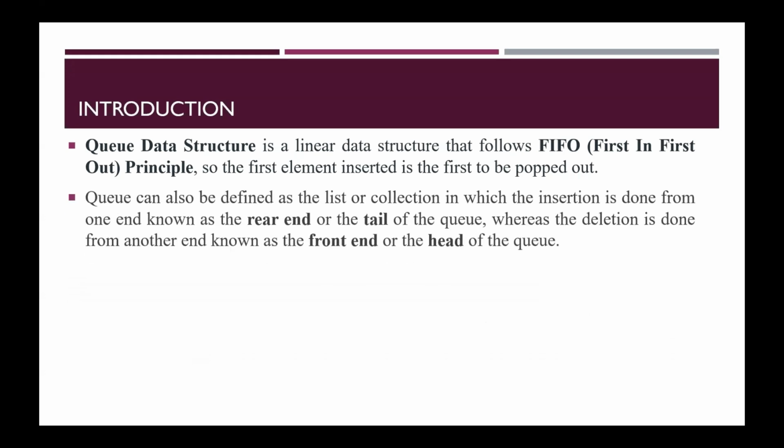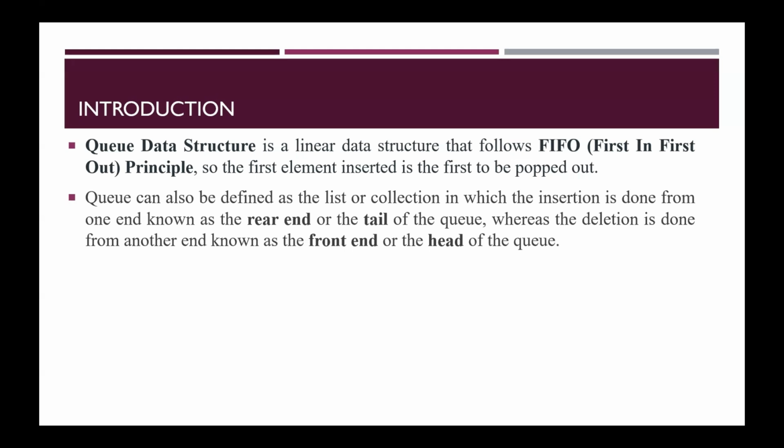Here, one end is used for insertion and another end is used for deletion. But in the case of a stack, the same position is used for insertion as well as deletion, and that end is called the top of the stack.